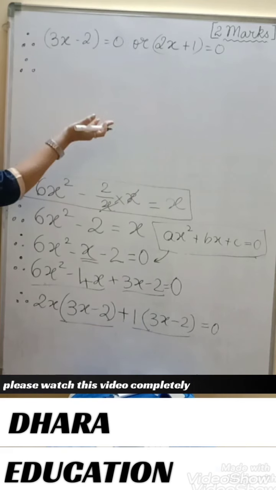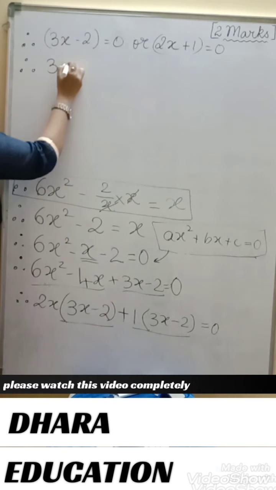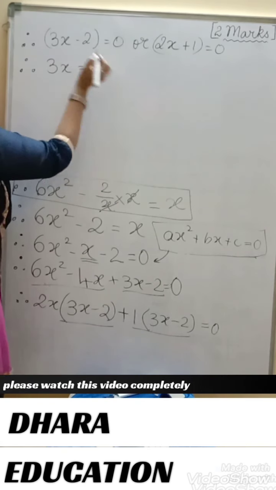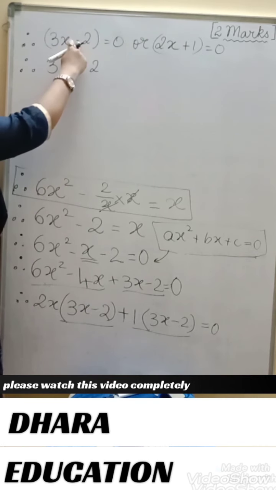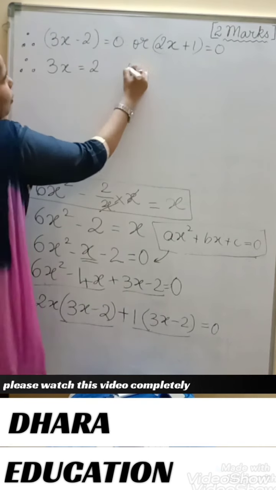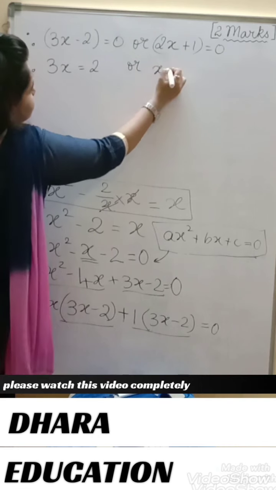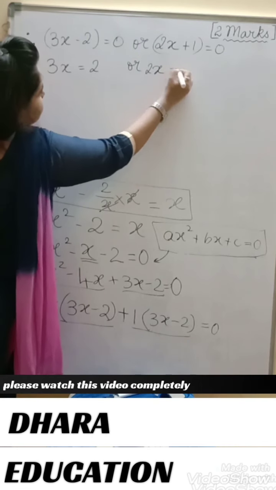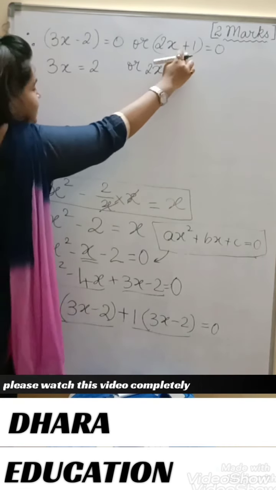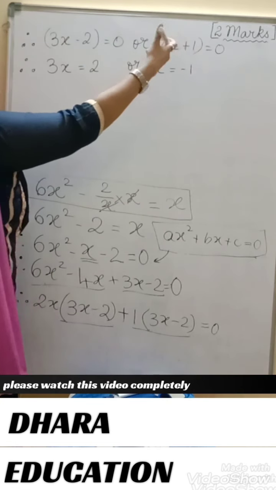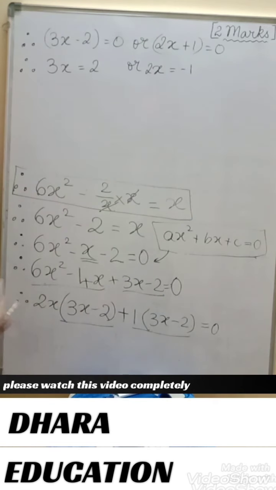Therefore, the next step, 3x is equal to 2. Why 2? Because here it is minus. Okay. Or 2x is equal to minus 1, because plus 1 is here. So when we shift it there, it will act as minus 1.